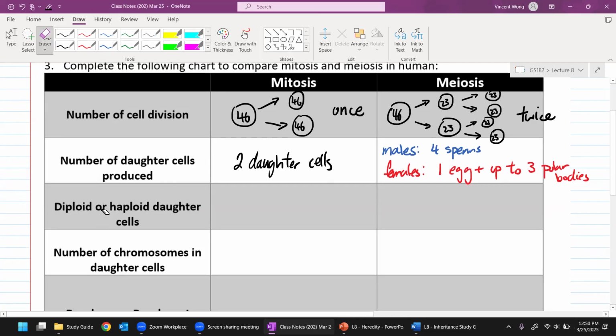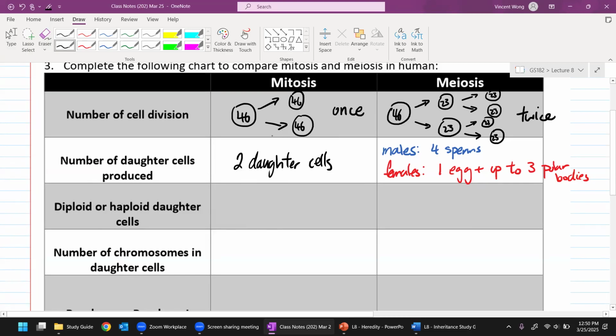Are the daughter cells haploid or diploid for mitosis? You start with 46, and in the end, they also have 46. So are they haploid or diploid? Okay, one more time. Haploid means 1 set. Diploid means 2 sets. Okay, so 46 is how many sets?